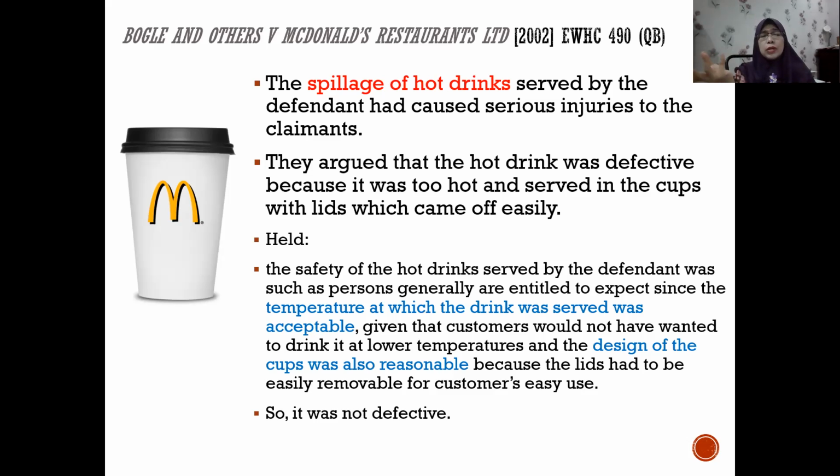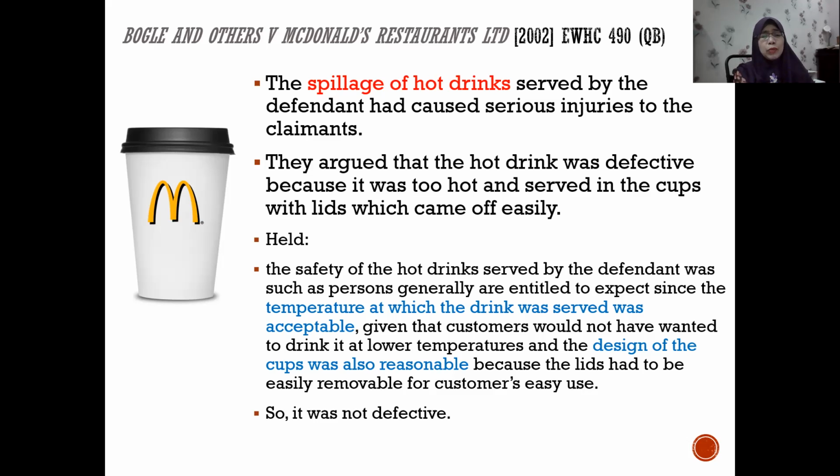The drink is too hot, even though they ordered hot drinks, and the lids, the upper part, like the black-colored cover, came off easily. But the court held that the safety of the hot drink served by the defendant was such as persons generally were entitled to expect, since the temperature at which the drink was served was acceptable.